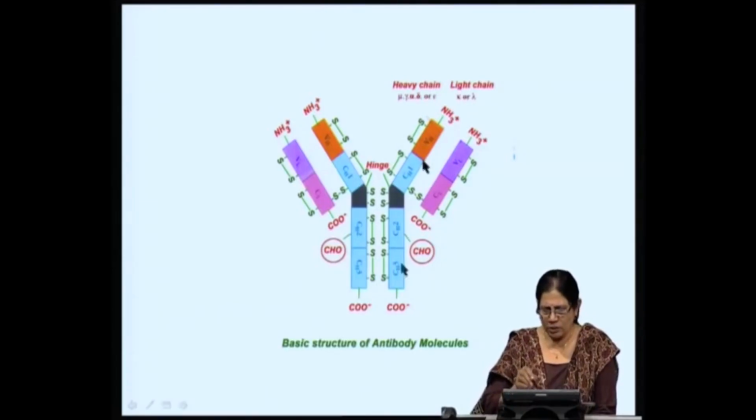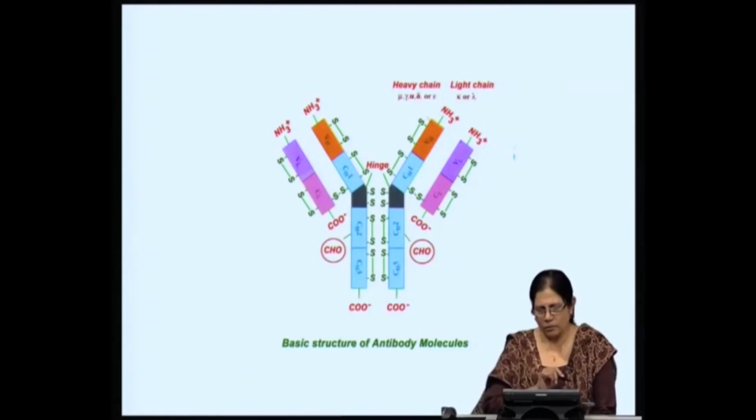The heavy chains could be either mu, gamma, alpha, delta or epsilon, and the class of the antibody molecule is known by the heavy chain. So, M, G and so on.